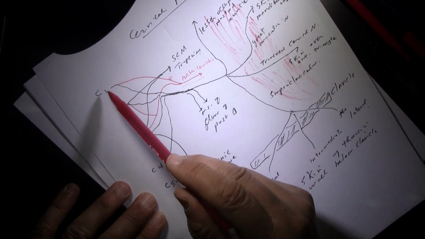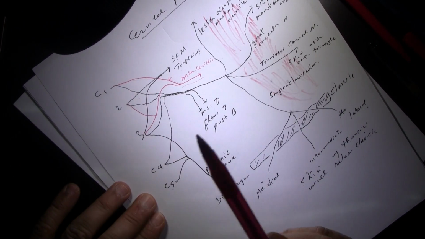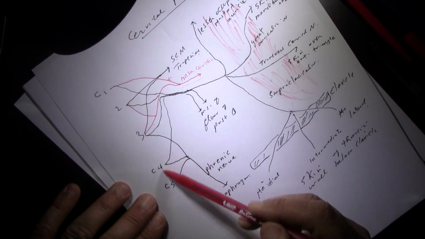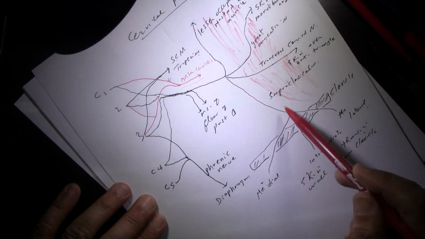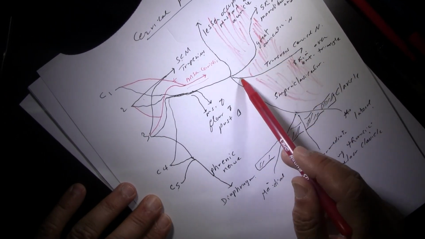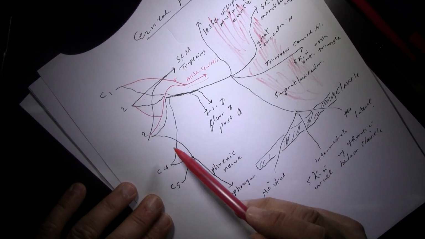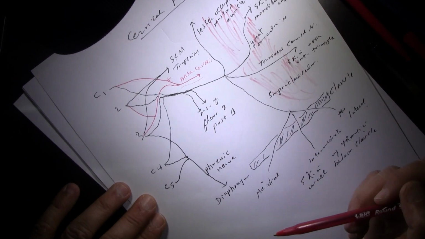Just to remind you, the cervical plexus: you have C1 to C4. C1, C2, 3, 4 together, the anterior primary rami of them, form the cervical plexus. The major cutaneous branches are 4: lesser occipital, great auricular, transverse cervical, supraclavicular. Then we have muscular branches to the muscles in the floor of the posterior triangle.